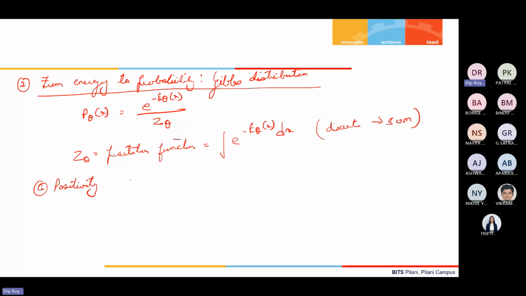E to the power minus E theta of x will always be greater than 0 for all x, so probability will always be positive. Now, what is the other important property we want here? The other important property is called order-reversing monotonicity.